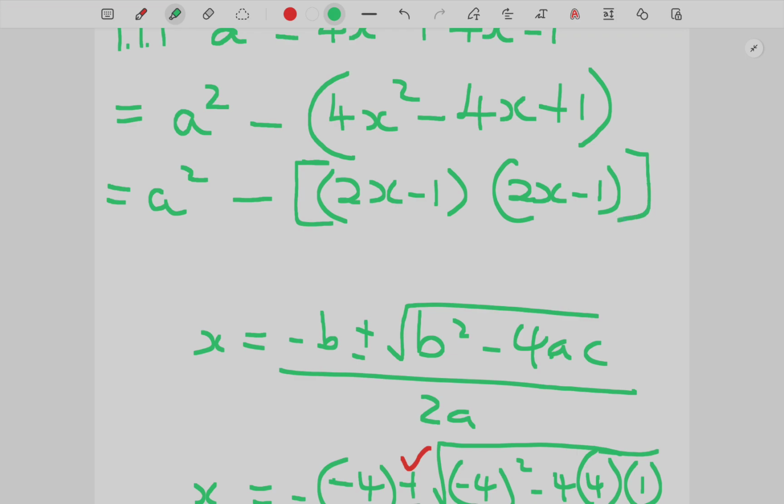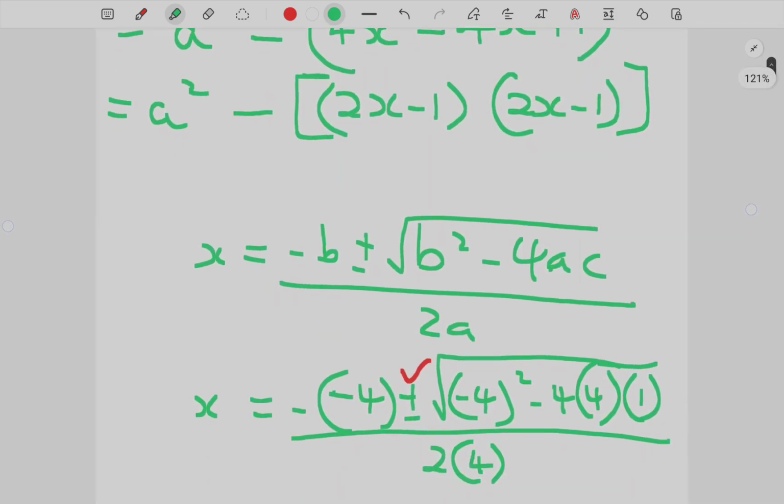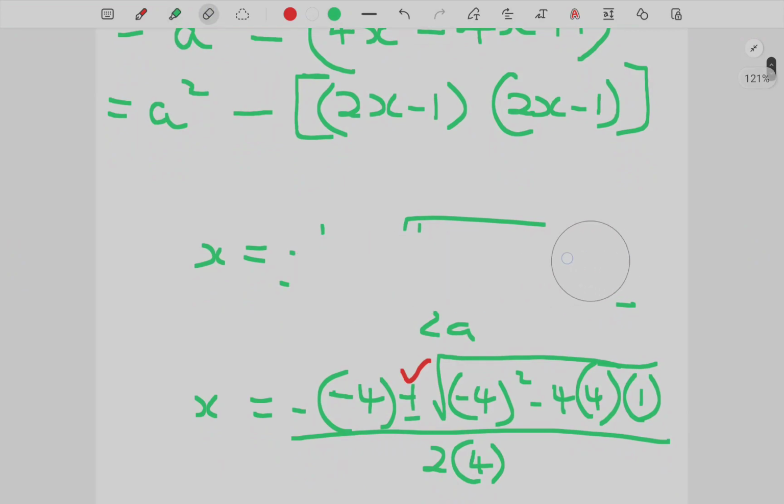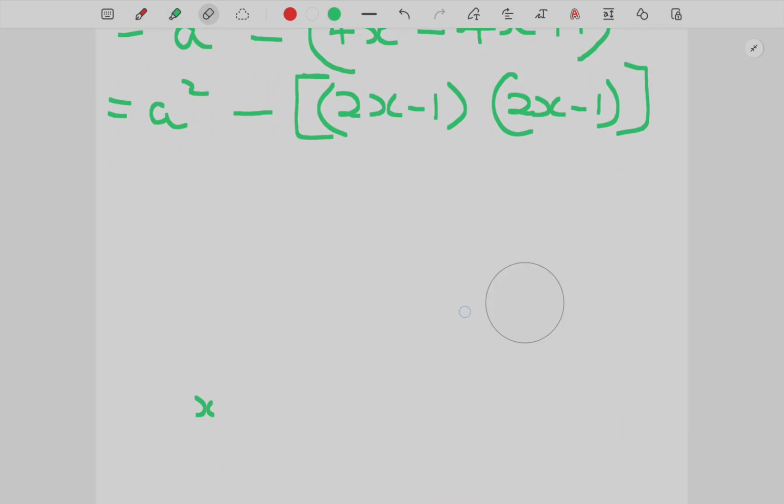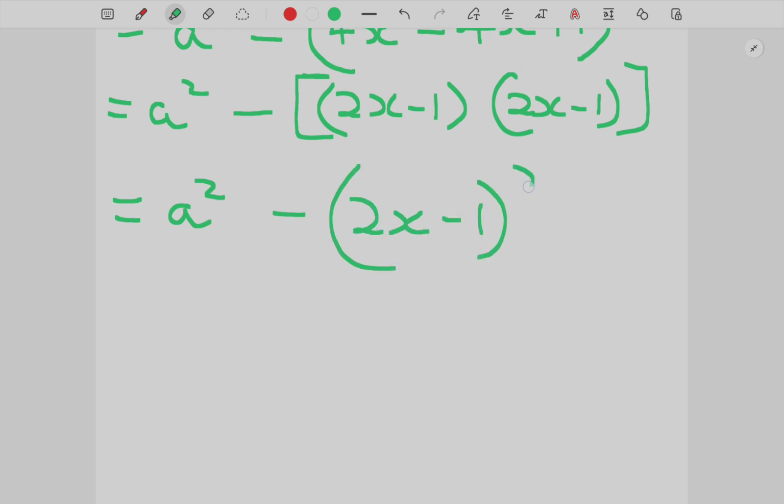Okay, let me erase this one. Which gives us a squared minus 2x minus 1 into 2x minus 1, which can be rewritten as 2x minus 1 all squared.